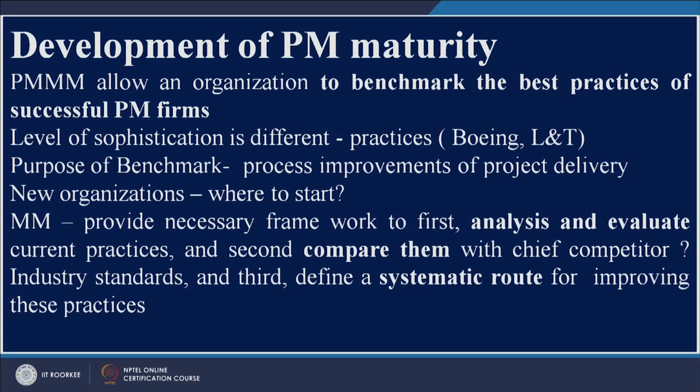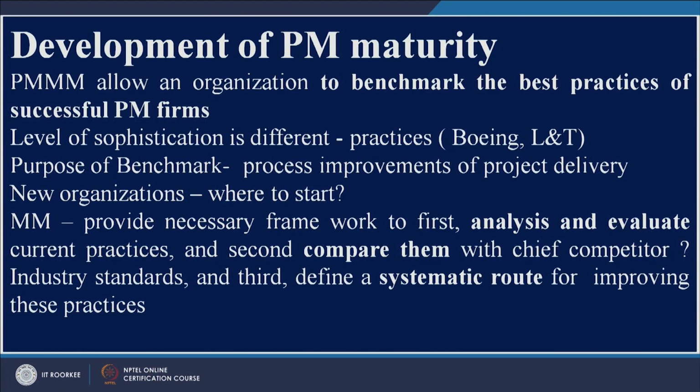We know that in organizations you will have different levels of sophistication as far as processes are concerned. Let's take for example the procurement process. In your organization you might have a traditional procurement process, and your competitor might be using some sophisticated procurement method.